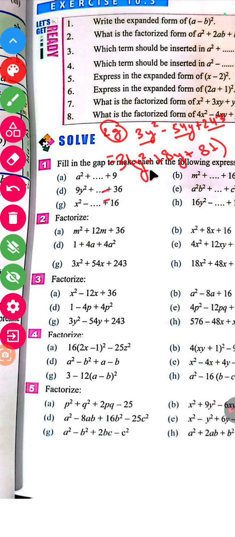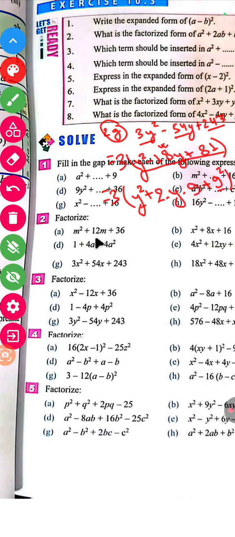Now the remaining terms, we have to convert into a perfect square form, in which we see y square is already a square. The middle one we leave and we go for the last one, which is 81. That is the square of 9. So in between we will have 2, instead of a we have y, so 2a, and instead of b we have 9, and you see in between there is 18y.